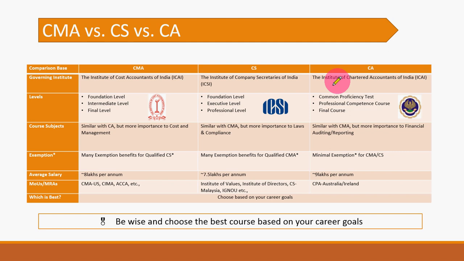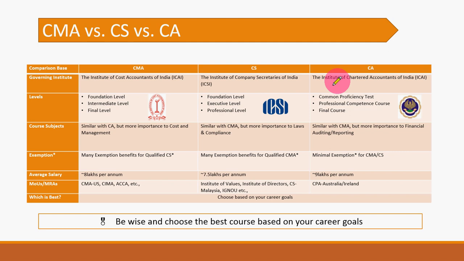Okay, and the course subjects are very important. I see that most of the cost and management accountant syllabus is similar to the chartered accountancy course, so I do not find major differences. There might be a few topics or one or two subjects with minor changes, but other than that I don't see major differences.